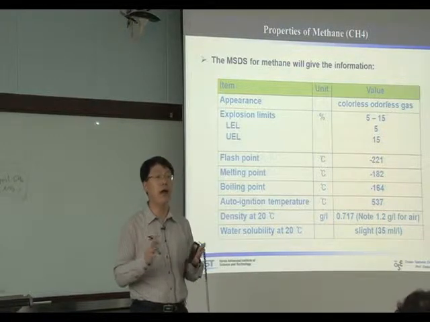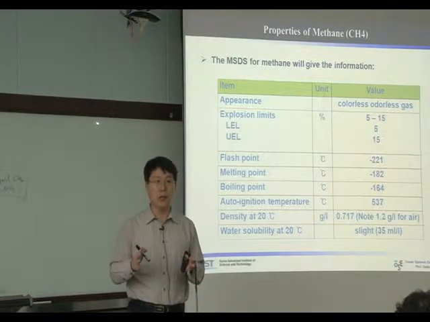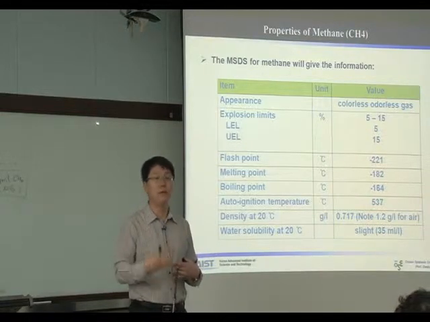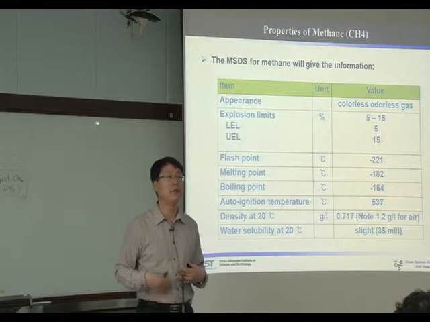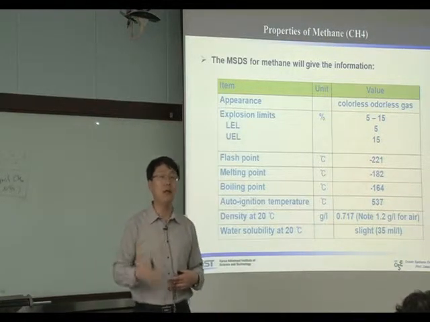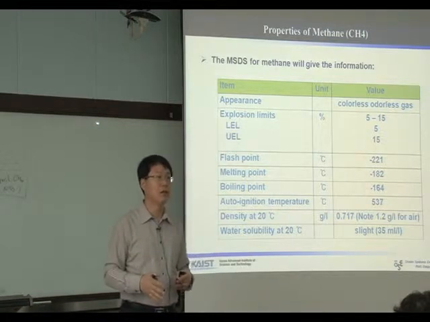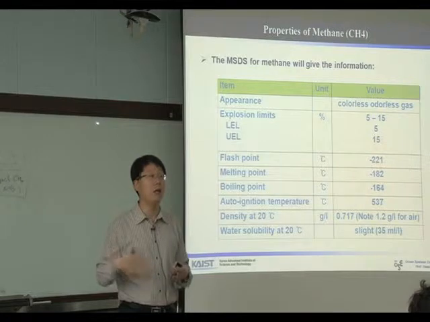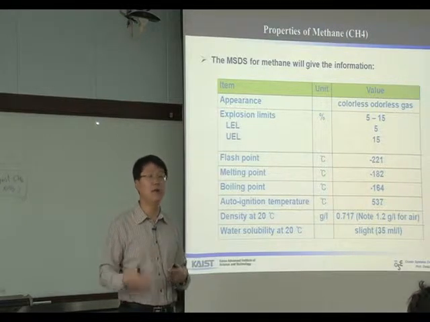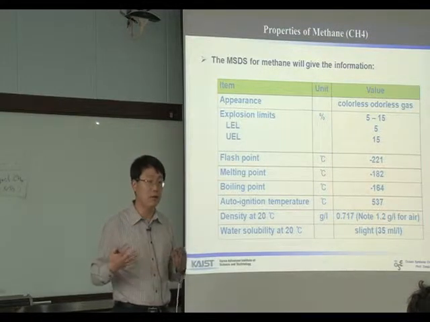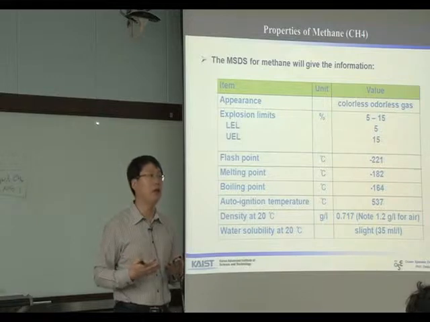In order to have a fire or explosion, we need enough methane. At the same time, we need enough oxygen. So if one component is dominating over the other, methane is much more than oxygen, we cannot ignite the mixture of methane and oxygen.